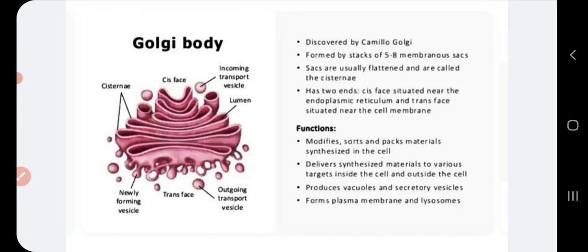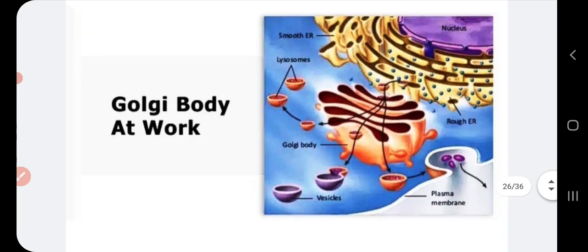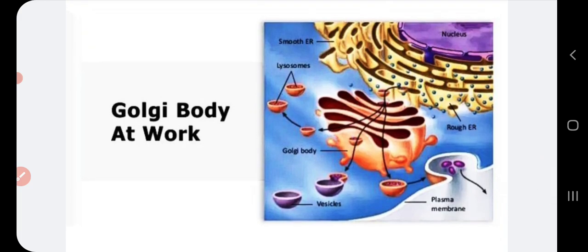Its functions are to modify, sort and pack material synthesized in the cell, deliver synthesized materials to various targets inside and outside the cell, and produce vacuoles and secretory vesicles from the plasma membrane and lysosomes. These are the Golgi bodies and Golgi body at work: plasma membrane, vesicles, Golgi bodies, lysosomes, smooth endoplasmic reticulum, rough endoplasmic reticulum and the nucleus.